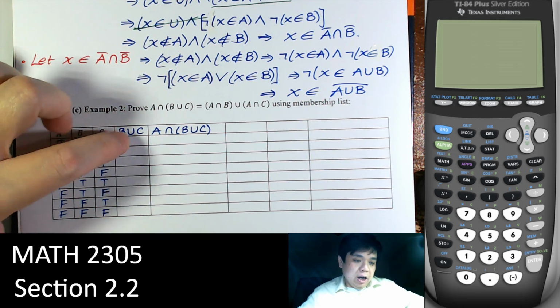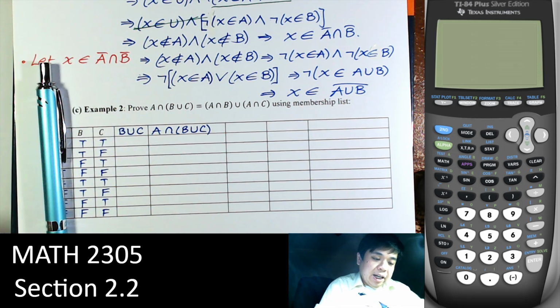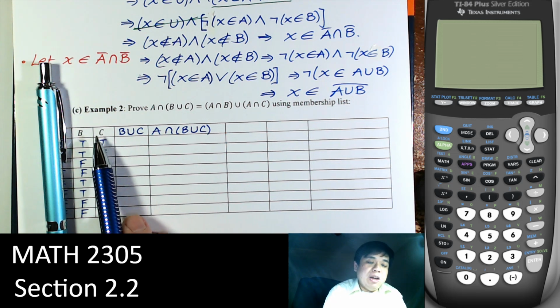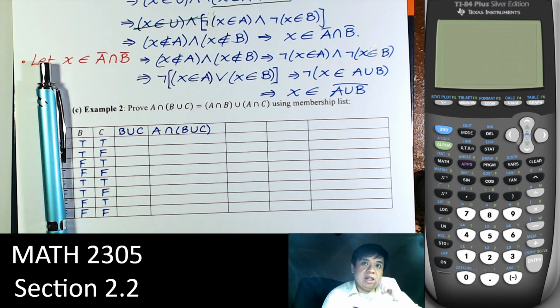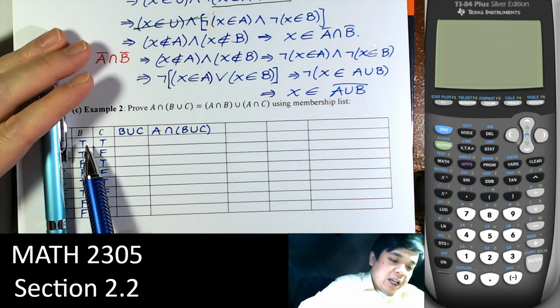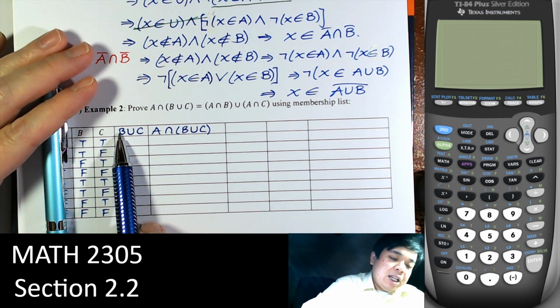First one, B union with C. Now, true means that X belongs to C, and false means the element is not in C. So we just call the member list. We choose true or false. We can use 1 or 2 or yes or no, it doesn't matter, just a binary. If it's true, that means X is in C. Now, B union C: if it is in B or if it is in C, then this is true.